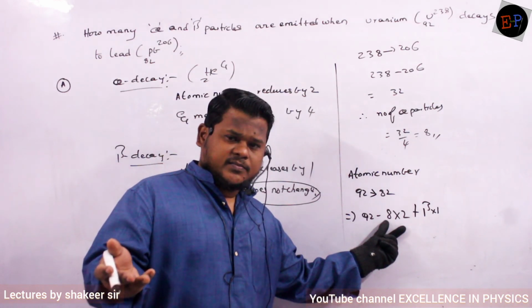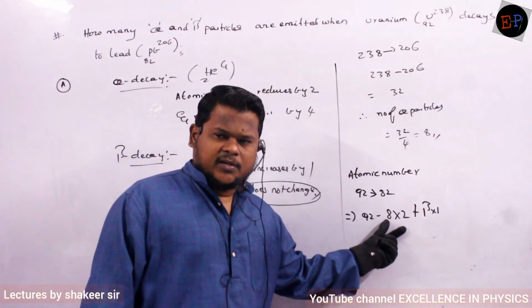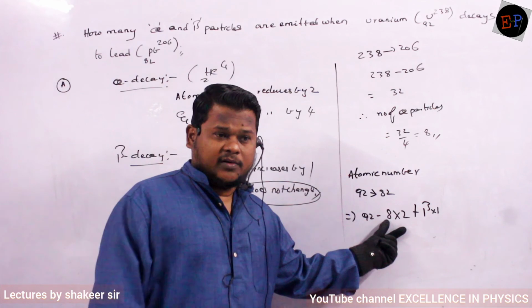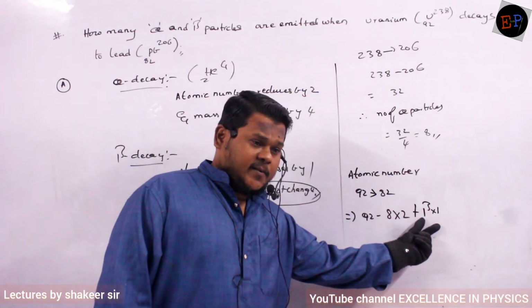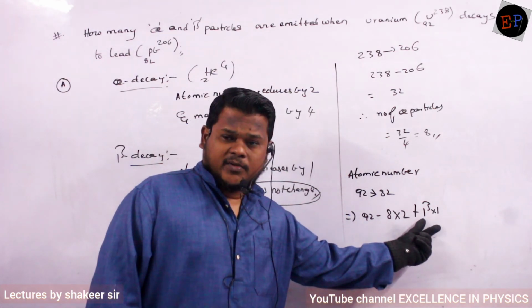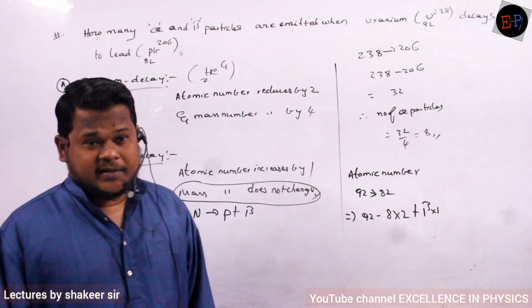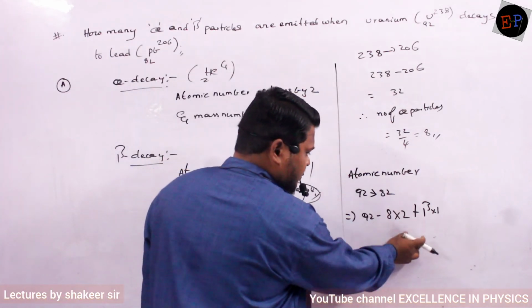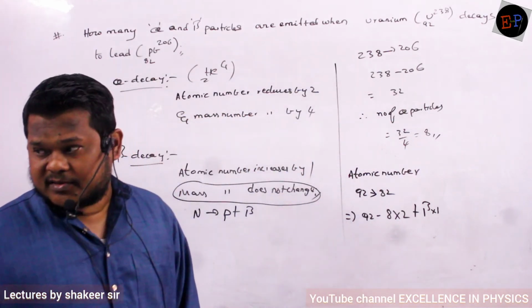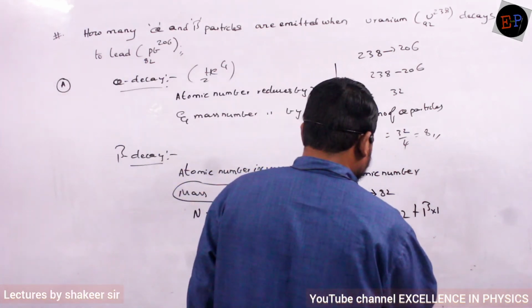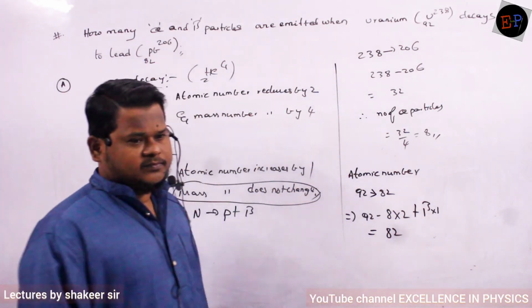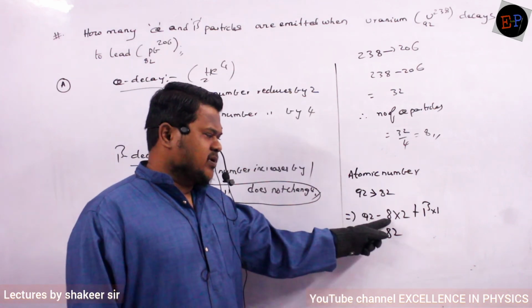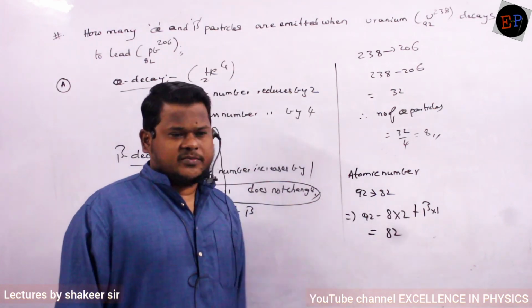Because 8 alphas are released, so proton number decreases by 2 for each alpha. But for each beta, proton number increases, so I write plus. For alpha I write minus, for beta I write plus because it increases. And the total should be 82. From 92 I am removing this value and adding this value, then finally it should be 82.